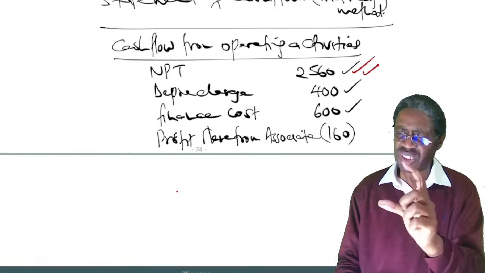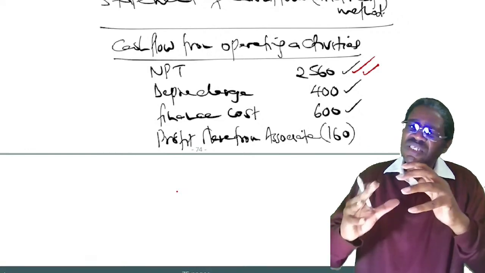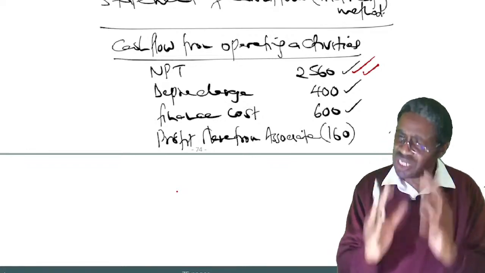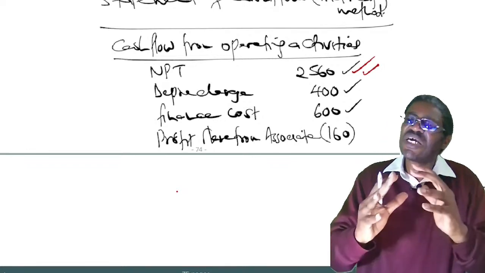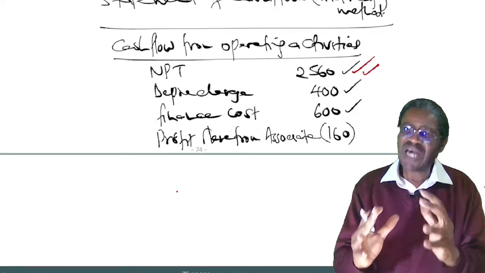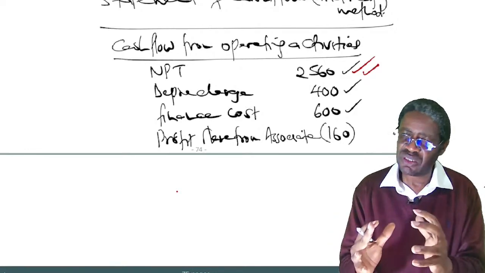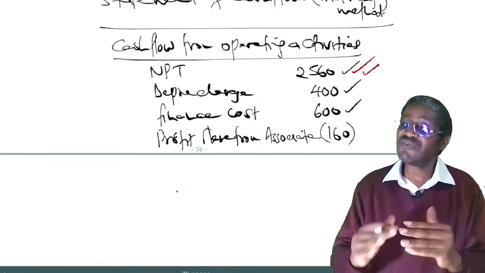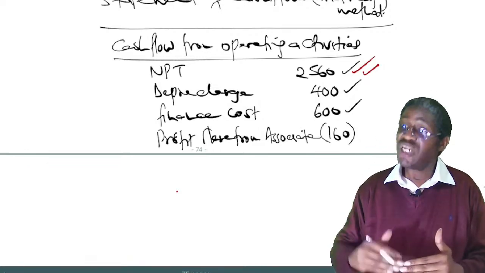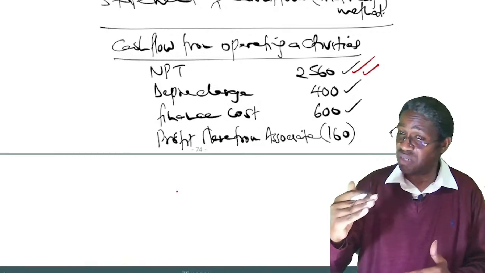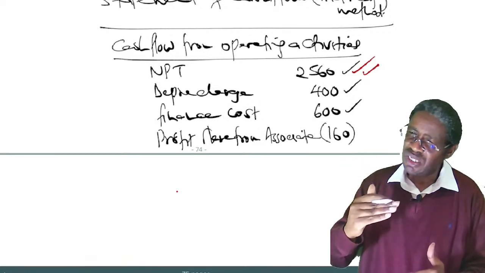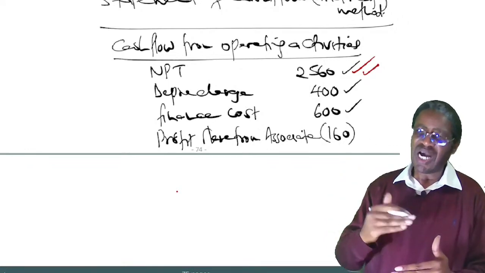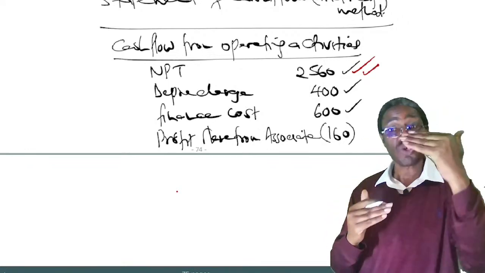But the question is this: as far as cash flow is concerned, should it remain as part of the 2560? Because if we leave it there, then whatever we get down there will include the 200 million. Yet we are saying that 200 million should be classified as investing but not operating.